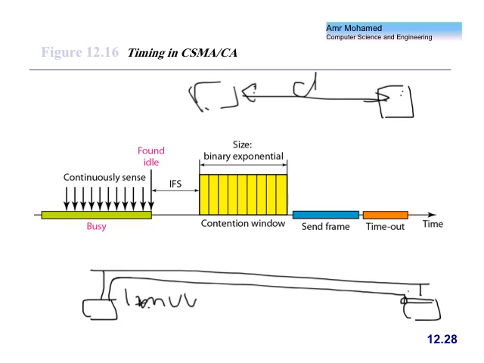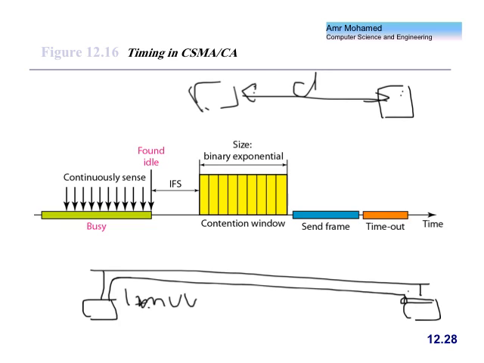So in that case, carrier sense multiple access with collision avoidance. What happens is that it waits for what we call an interframe spacing. Okay? So the first thing I should do is that even though the channel is idle, I have to wait for the interframe spacing.